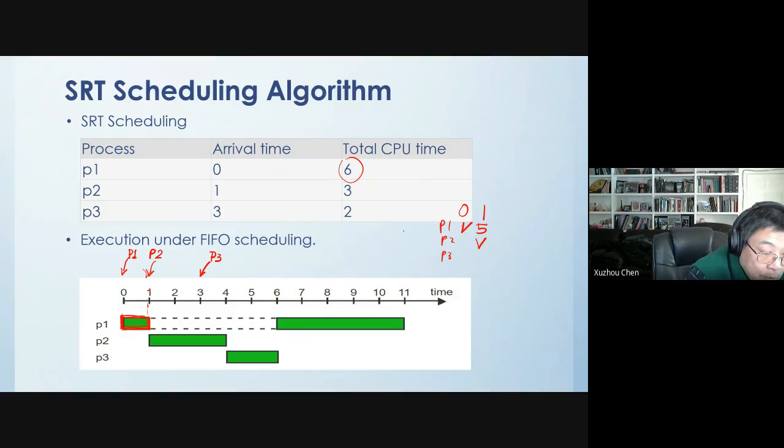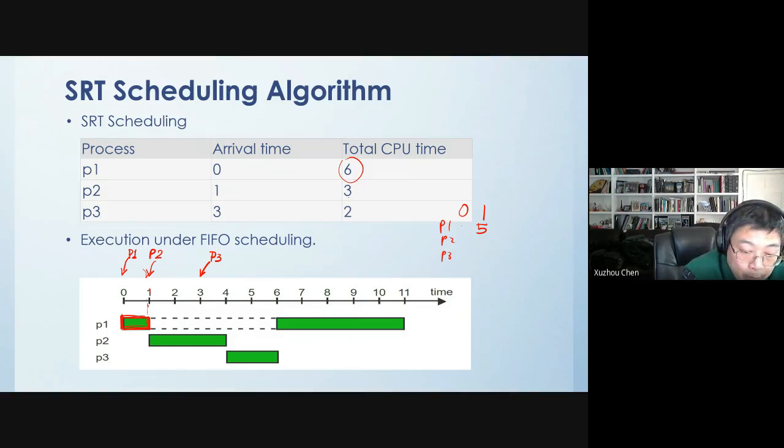Now process 2 arrives, it has 3 total CPU time. Let me erase this.